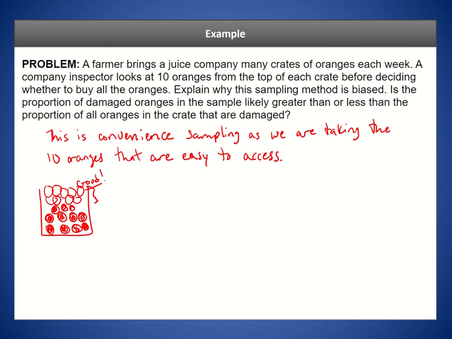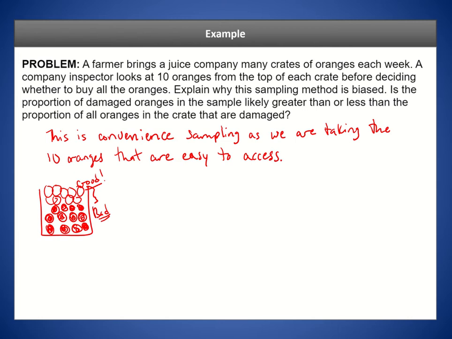Generally speaking, we can make that assumption. Or maybe the ones on the bottom are being crushed under the weight of the ones on top. Either way, you can explain it like that.